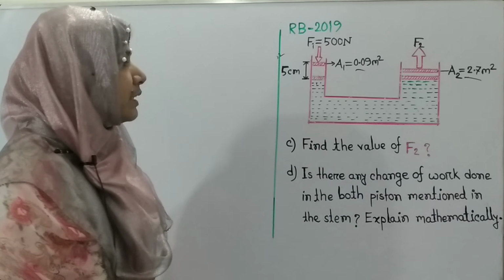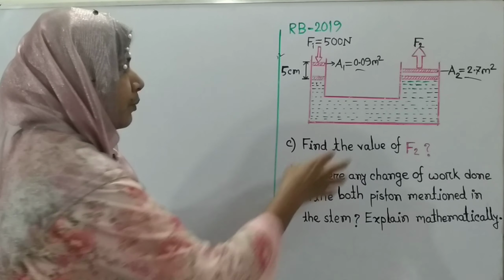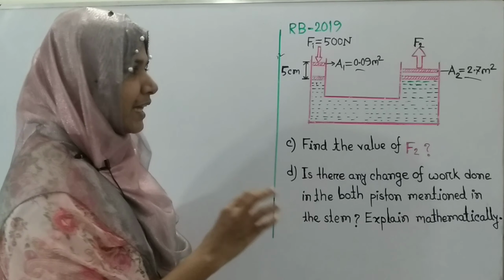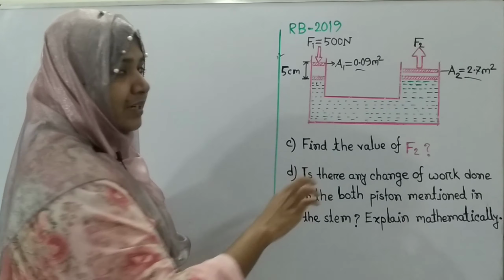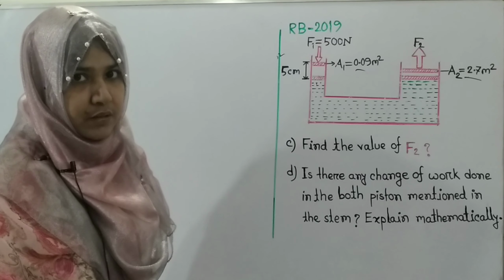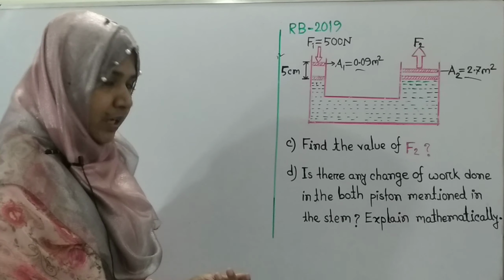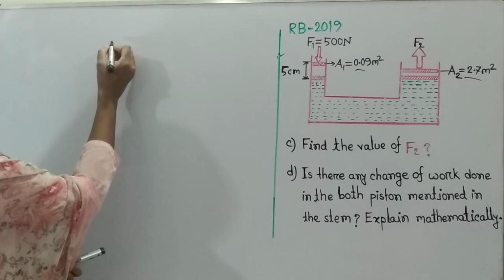And as you see, here the liquid is fixed, that means the liquid is incompressible here, so we can say that the volume of liquid in the smaller piston is equal to the volume of liquid of the larger piston. So now we are going to start the calculation of question D.